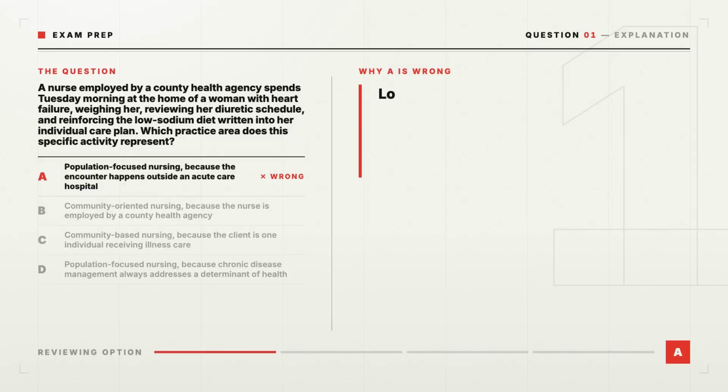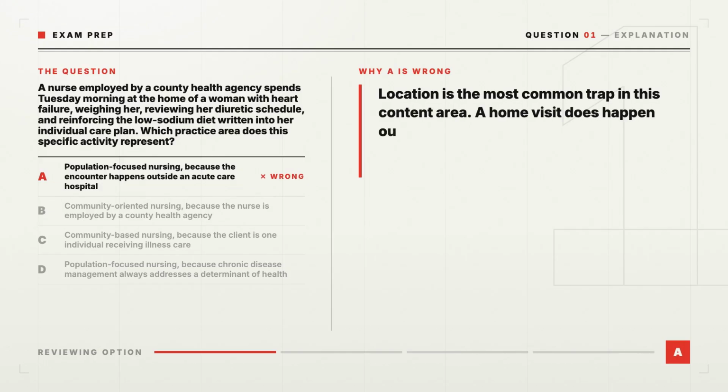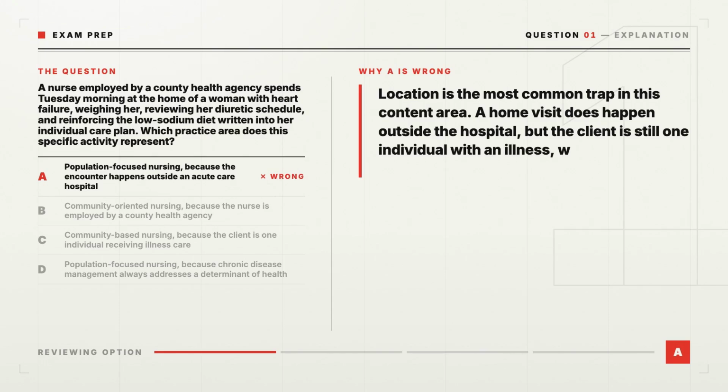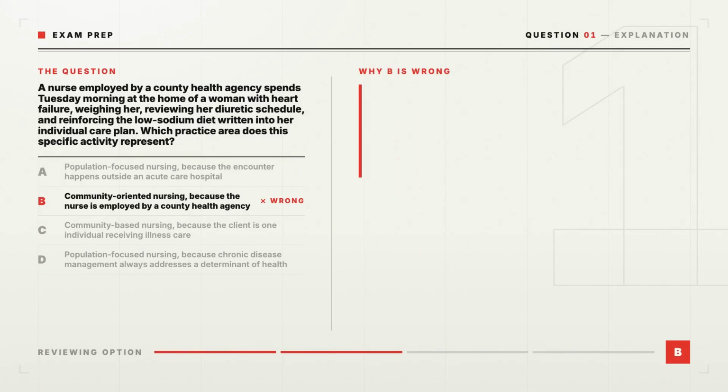A is wrong because location is the most common trap in this content area. A home visit does happen outside the hospital, but the client is still one individual with an illness, which makes the practice community-based rather than population-focused. B is wrong because employer does not determine practice area.